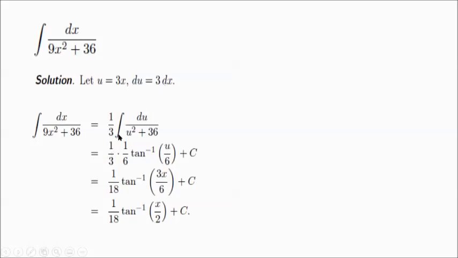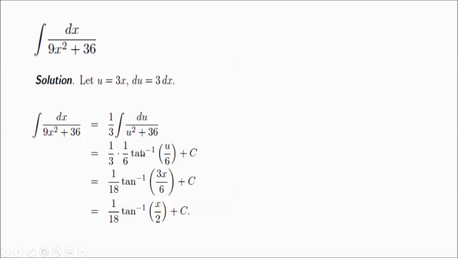Okay? Then kapag inayos siya class, magiging du over u squared plus 36. Kasi 3x squared class is 9x squared. And then yung dx dito is du over 3, kaya merong 1/3 doon. Okay? So 1/3 factor out.